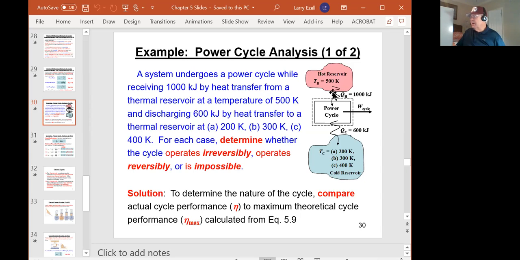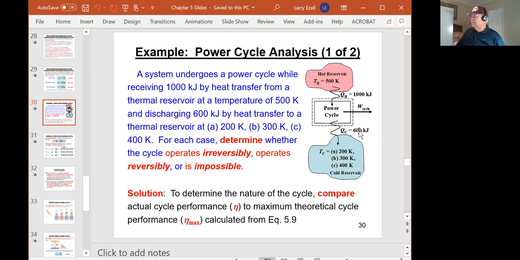So we have QH going down into the power cycle, 1,000 kilojoules. We have QC being rejected into the cold reservoir, 600 kilojoules. So you can see the work out of the turbine has to be the difference between 1,000 minus 600.